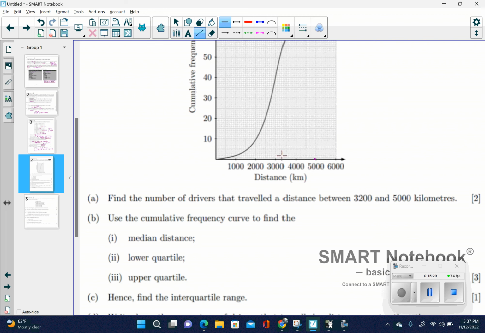See if I can use the device. So 3,200. Is it not going to let me make a straight line? Okay. And 5,000 will go around.